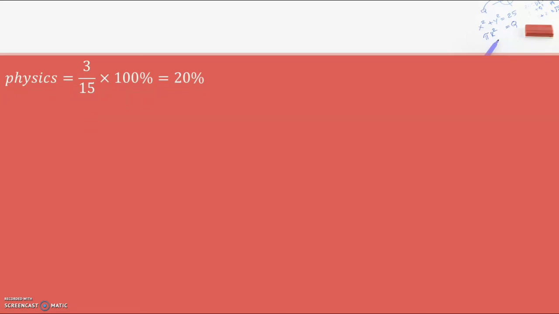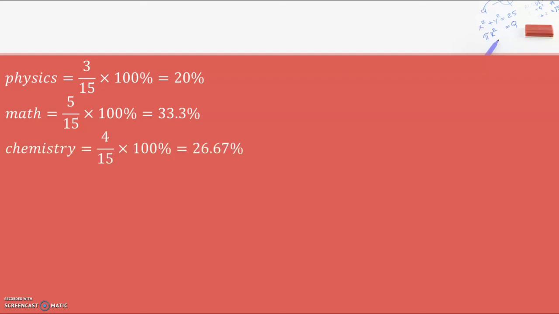First, physics equals 3 divided by 15 times 100% equals 20%. Math equals 5 divided by 15 times 100% equals 33.3%. Chemistry equals 4 divided by 15 times 100% equals 26.67%.